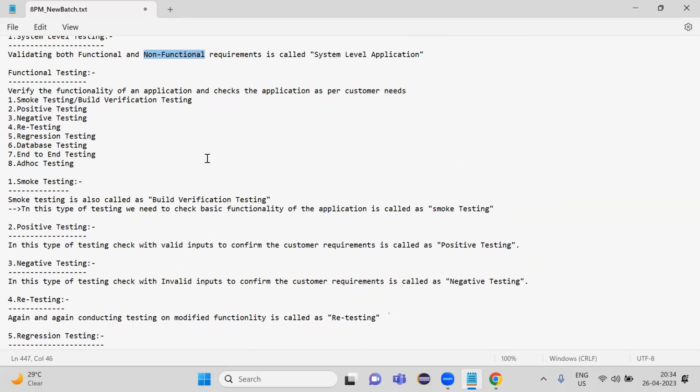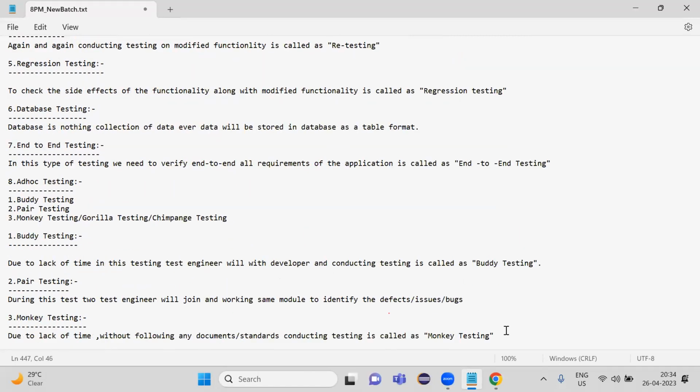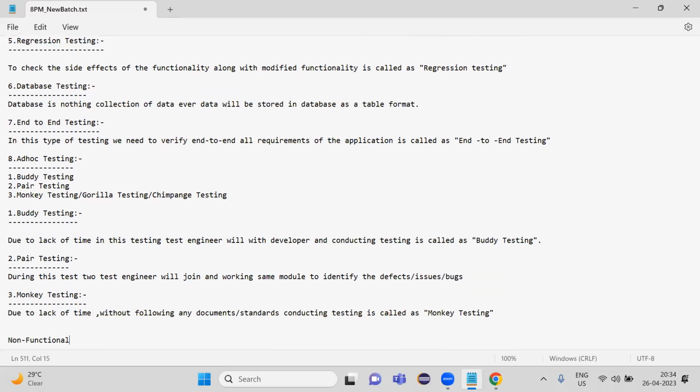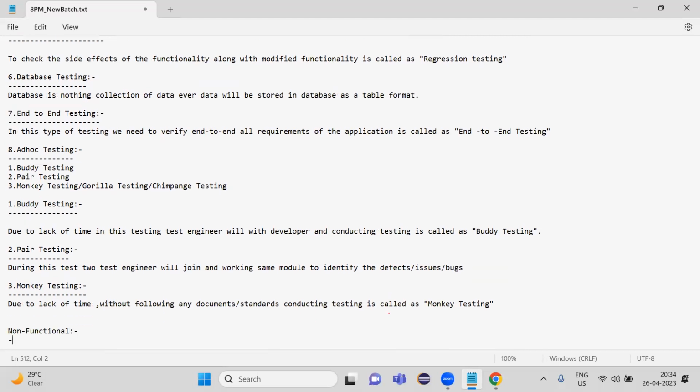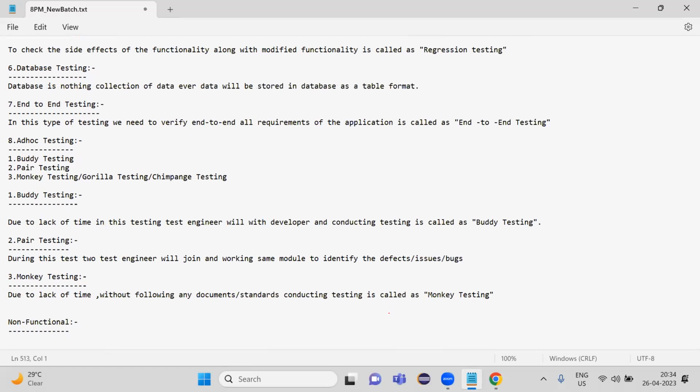What is our next one? System level testing, non-functional. What is non-functional?